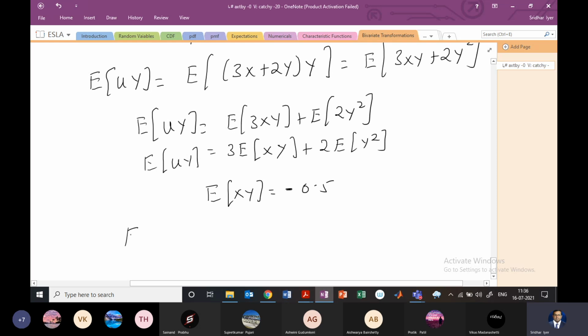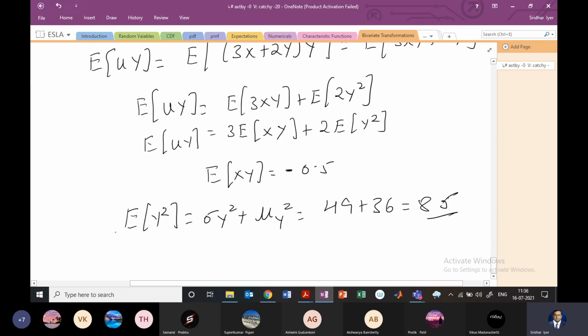The E of y square is sigma y square plus mu y square, which will be 49 plus 36, which is 85, right?